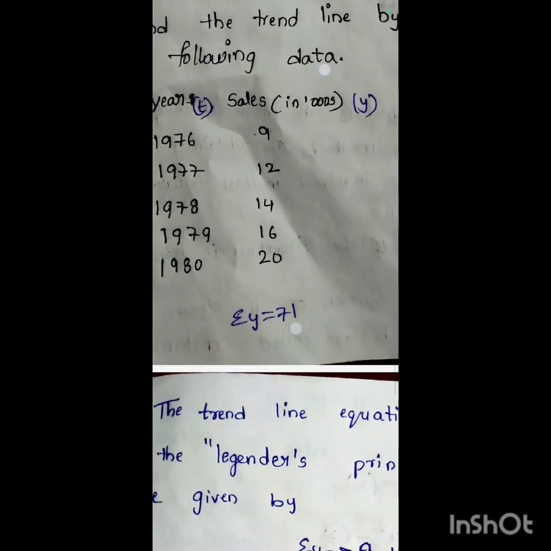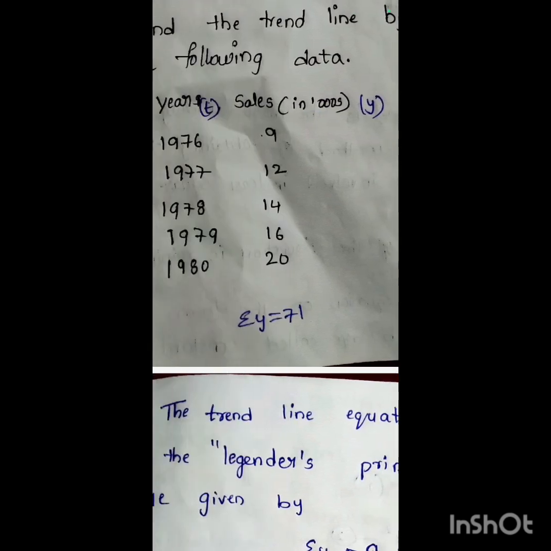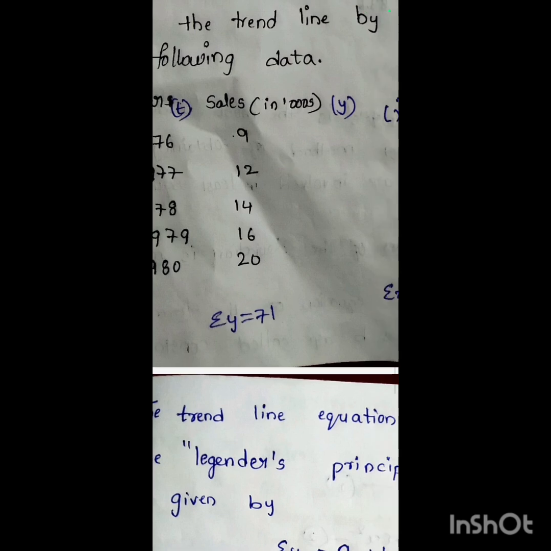So this is the previous example which we have already seen. Find the trend line by the least squares method for the following data. Here they have given years and sales. We take the year values as t and sales as y.